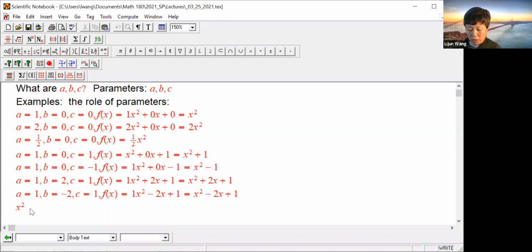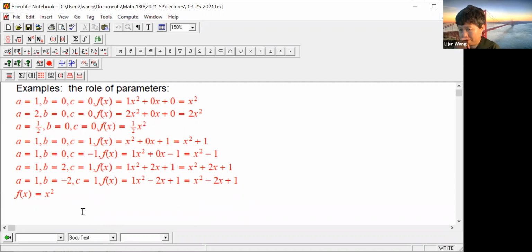Do you still remember how we graphed x squared? Plotting points, right? Input, output. The input is x, the output is x squared. So for any input, you just multiply it by itself and you produce the output.